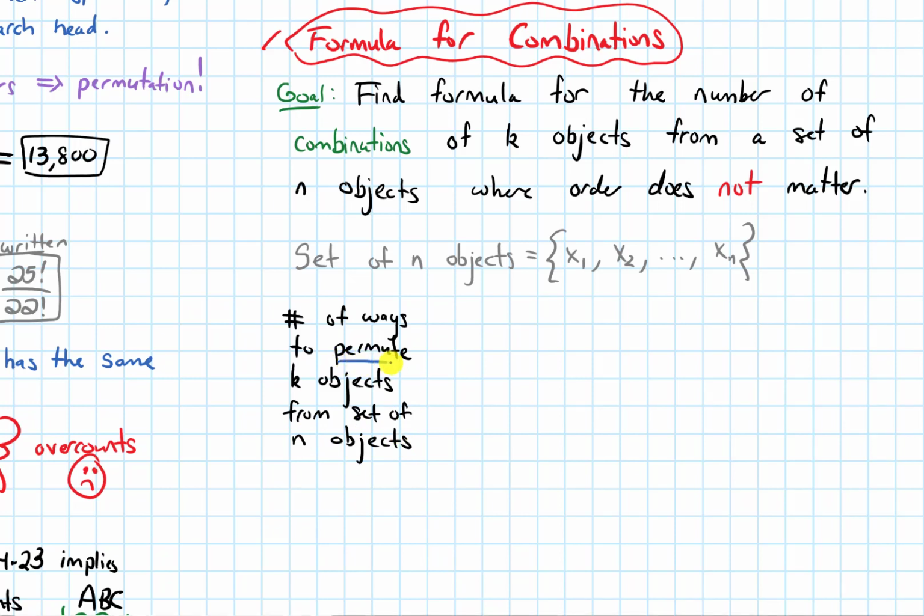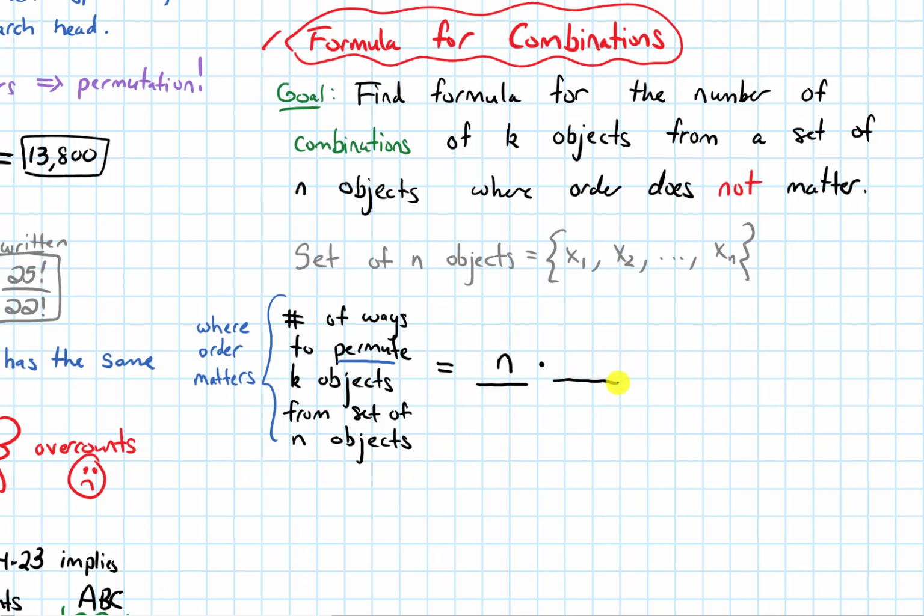And when we permute these k objects, that means we're talking about a situation where the order in which we pick those objects matters. And the way we set that up was, we thought about, okay, how many choices are there for the first object that we end up choosing? Well, there's n objects, so there's n ways to pick which one goes in that first slot.